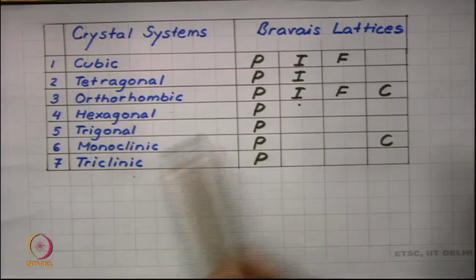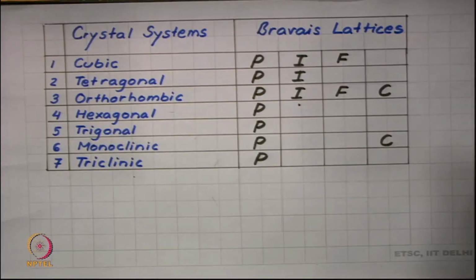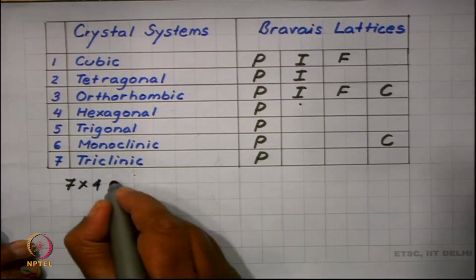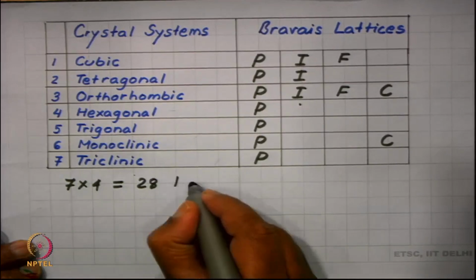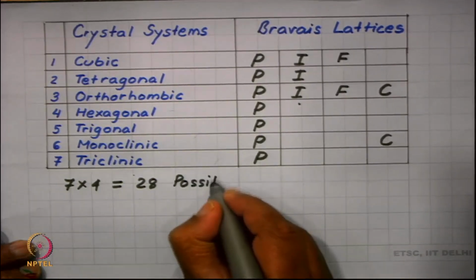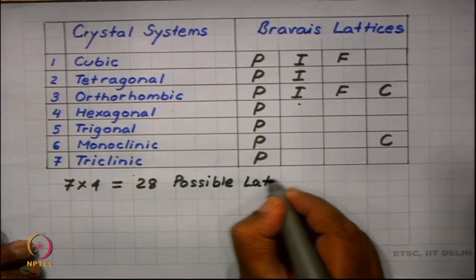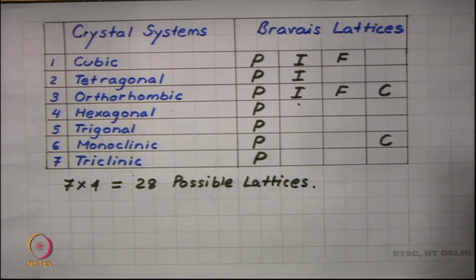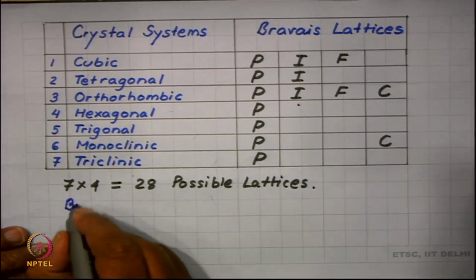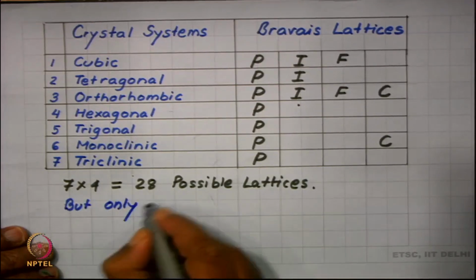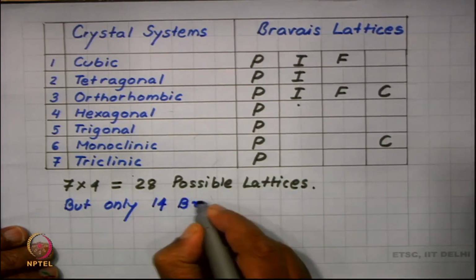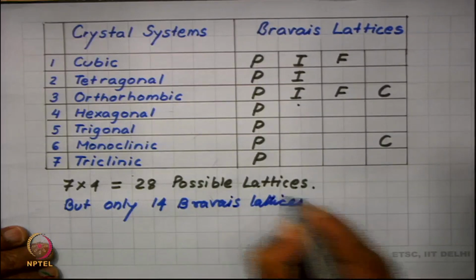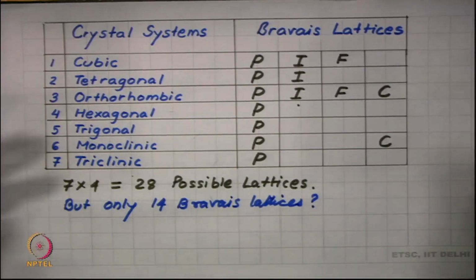So, 7 systems, 4 types, 7 into 4, 28 lattices were possible, but we have only 14 Bravais lattices.